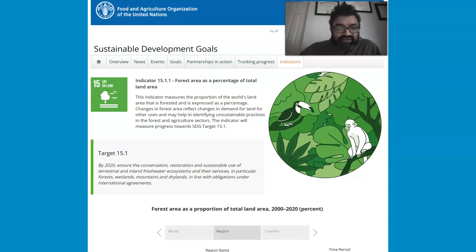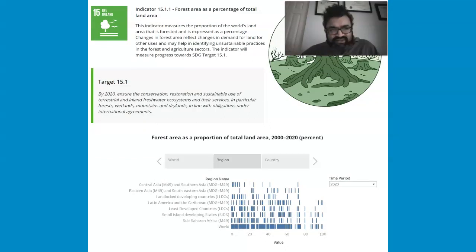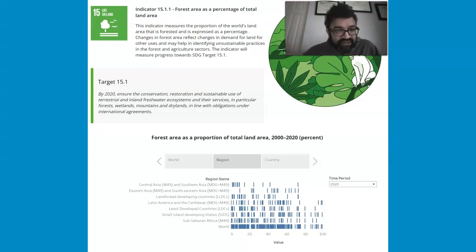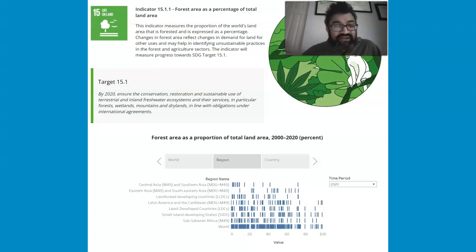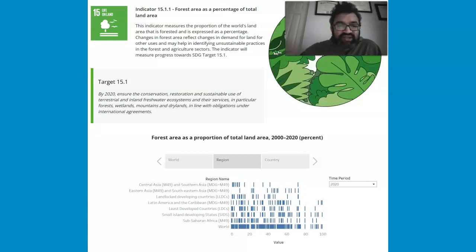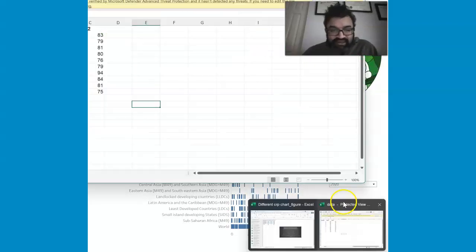Anyway, so restoration and sustainable use of terrestrial and inland freshwater ecosystems and their services, in particular forests, wetlands, mountains, and drylands, in line with obligations under international agreements.